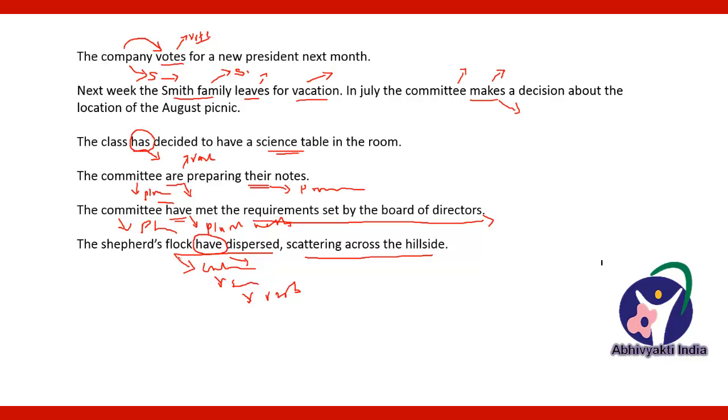Even though flock is a collective noun, the sheep in the flock have dispersed, meaning scattered here and there. One sheep went in one direction, another in another direction, a third in a third direction. So here each sheep in the flock is behaving individually. They are not going in the same direction. So flock is taken as a plural noun and it will take a plural verb, that is have.